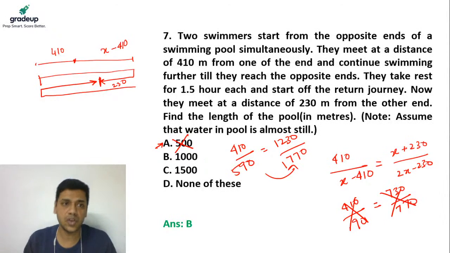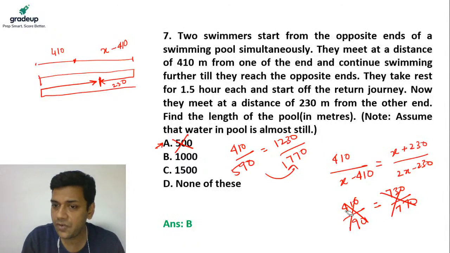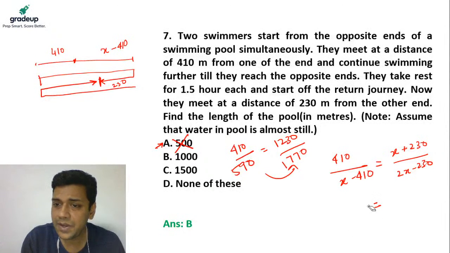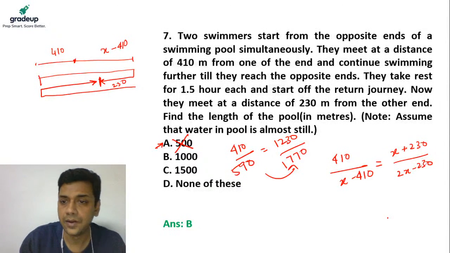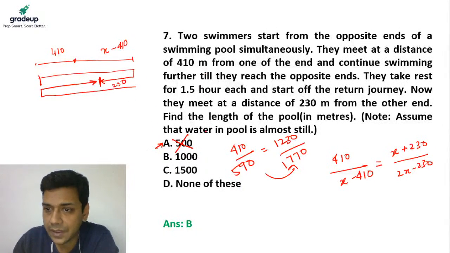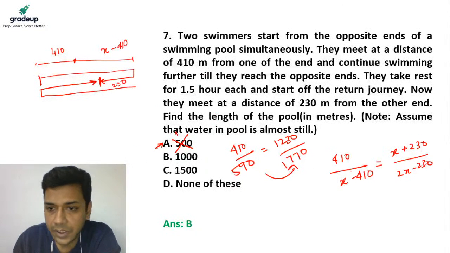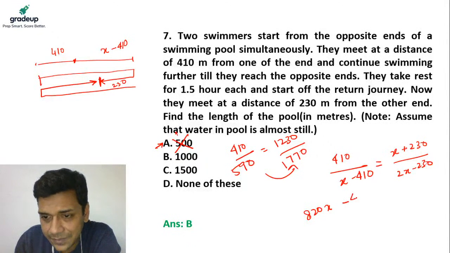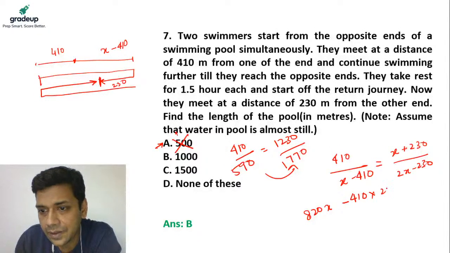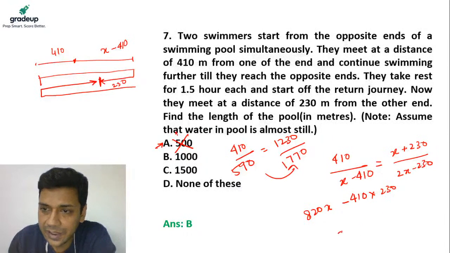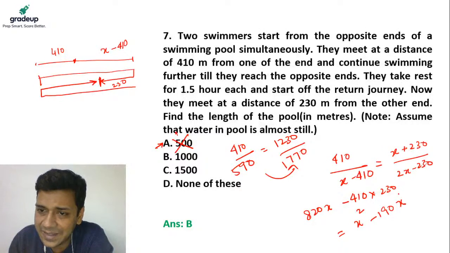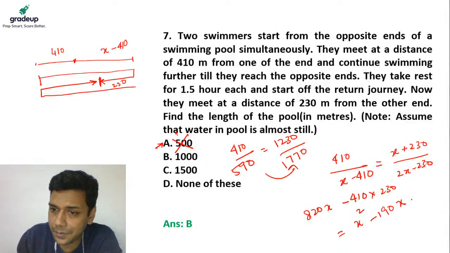Otherwise, if you really want to solve it, you simply cross multiply. If you cross multiply, what will you get? You will get 820x minus 410 into 230 equal to x square minus 180x minus 230 into 410.